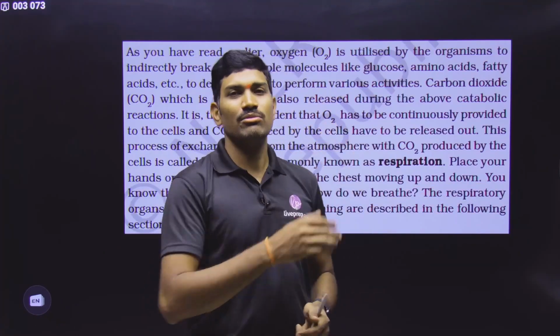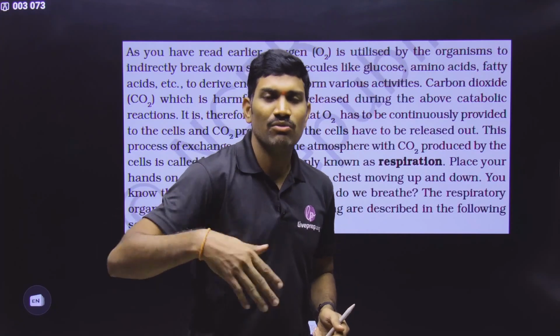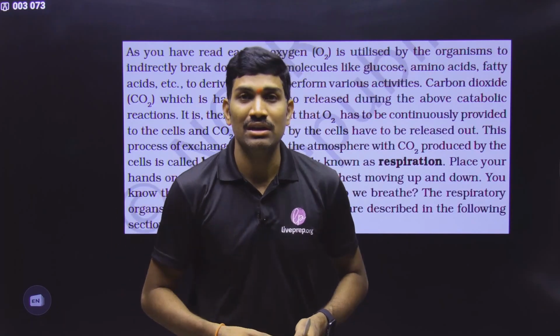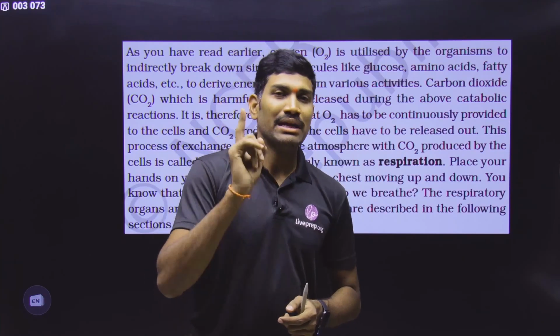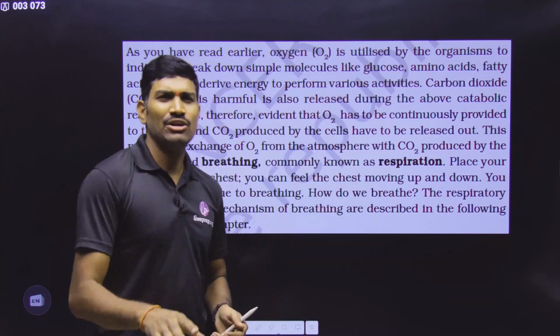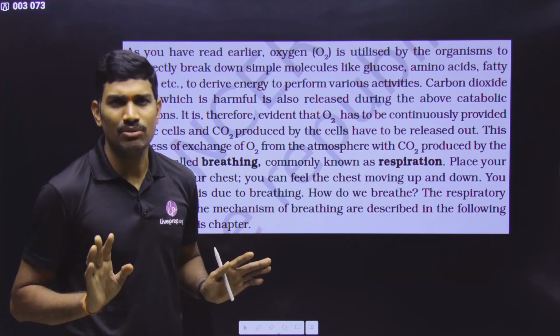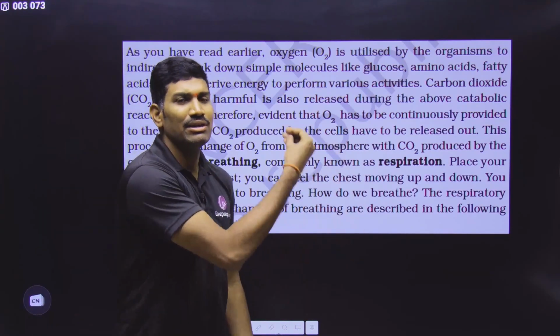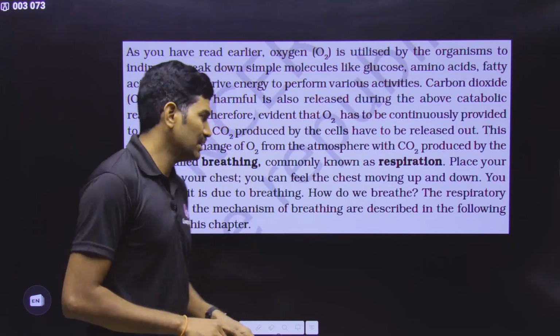Suppose here we are talking about breathing. In various organisms, what are the various respiratory organs? Likewise, a comparative account they have given. Please remember, at least whatever the NCERT examples are there, those are compulsory. Anyhow, in the animal kingdom we are separately studying all these things, so we don't need to worry about this. But still, here I will simply give you the name of the organism and the type of respiratory organ. That's it. Clear? Now let us see.